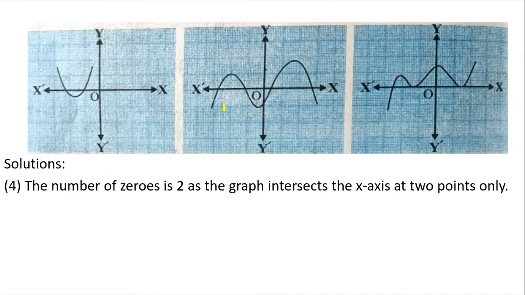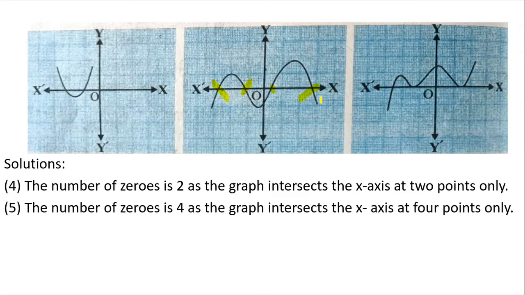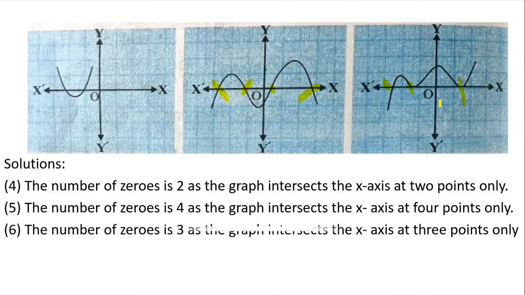And coming to the fifth graph, here the graph intersects the x-axis at 1, 2, 3, 4 points, and the number of zeros is 4 for graph 5. Now, coming to the graph 6, the graph intersects the x-axis at 1, 2, and 3, hence the number of zeros is 3 for graph 6. Okay.